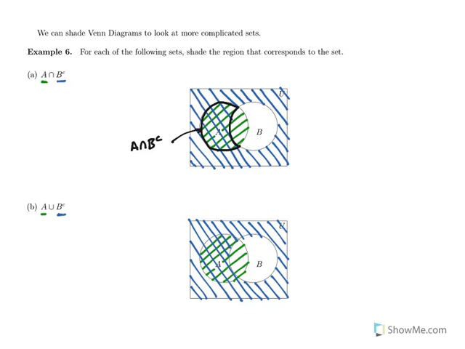The union is where we've shaded either one of them. So it's going to be everything but this crescent moon shape. So here is A union B complement, everything but that little part of B. So we could say that this is that little crescent moon's complement.